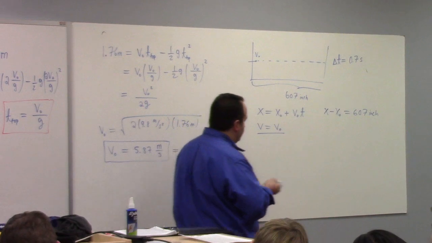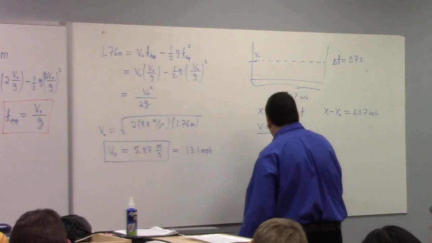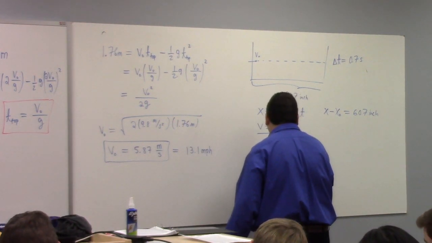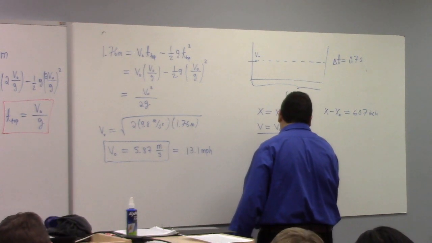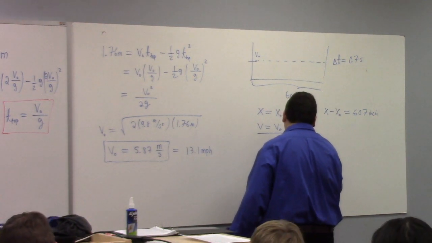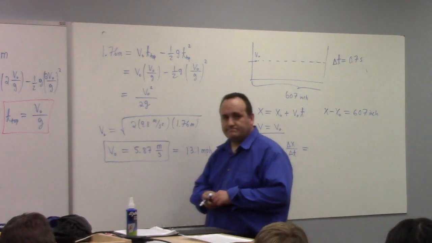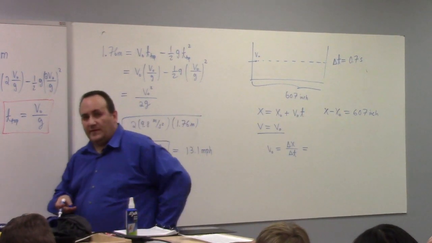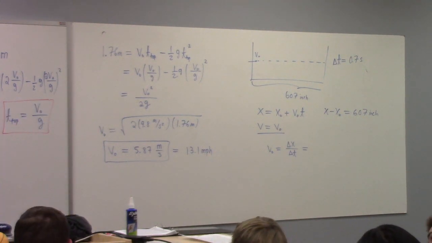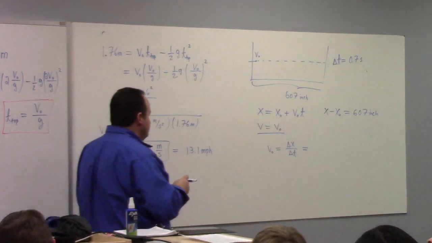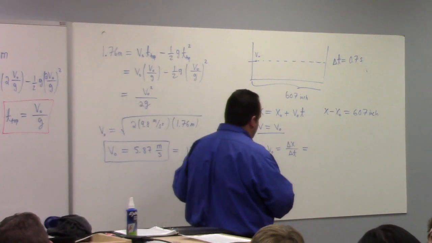Can we figure it out? Here, v naught we can calculate from the change in x over the change in t. Now, why can I do that? When the acceleration is 0, the average velocity is equal to the instantaneous velocity, right?